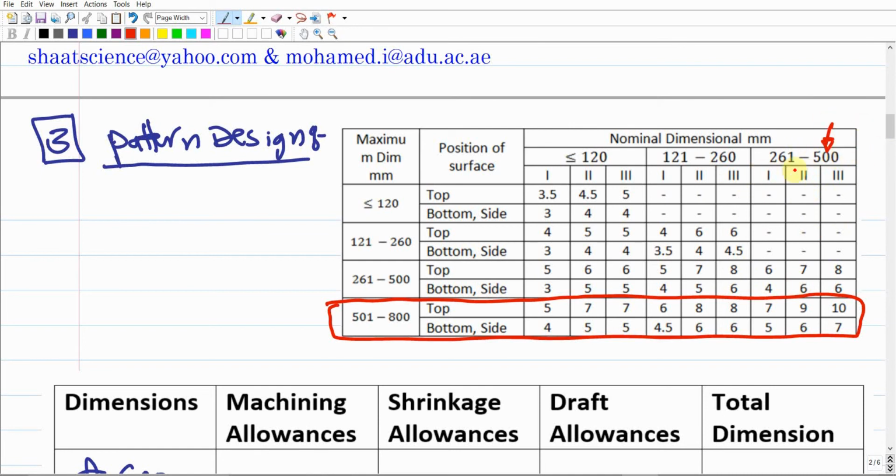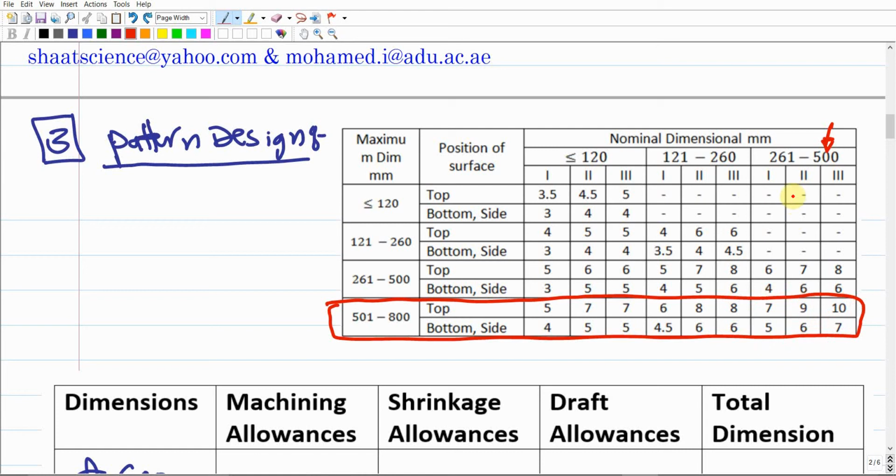So the 600 should be located within these three columns, and you do have three possibilities here, either to pick these two numbers, depending on what? Depending on the machining allowances or the degree of machining that we have to apply to the surfaces.